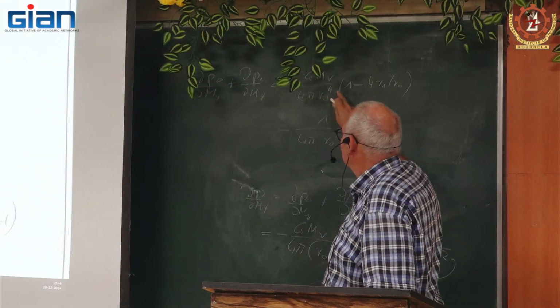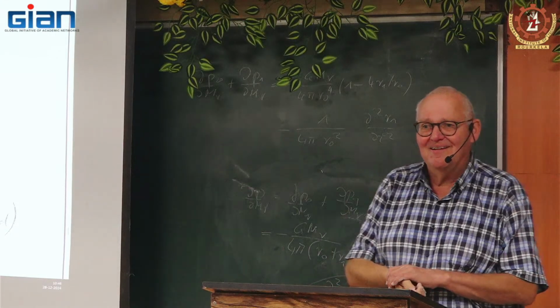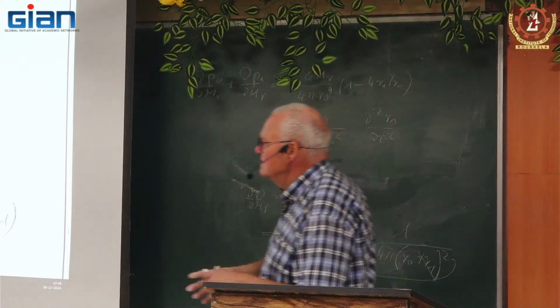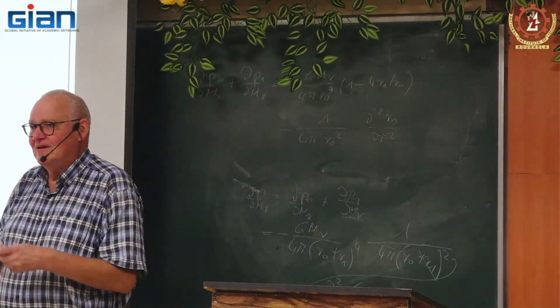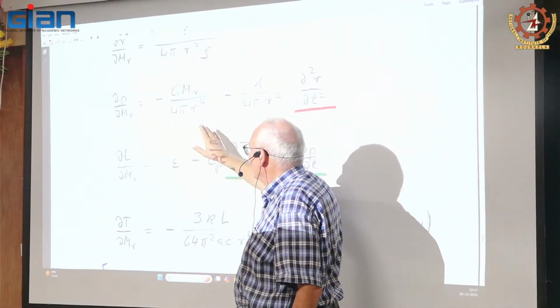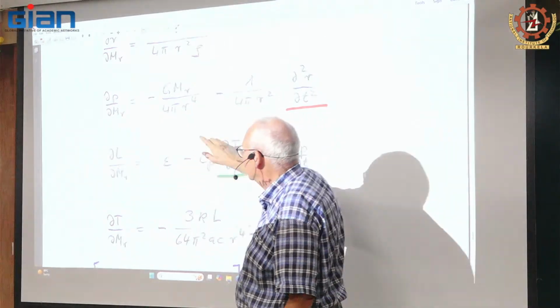This one and this one, the first contributing to the 1 here, they have to cancel because the quantities with index 0 have to satisfy hydrostatic equilibrium.